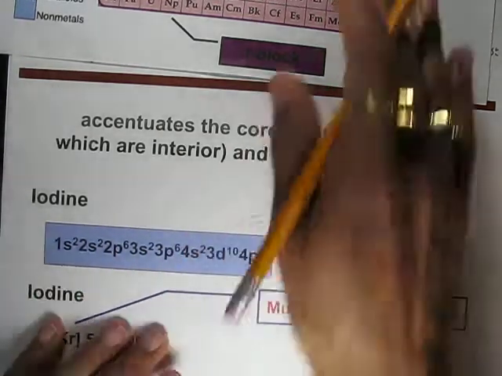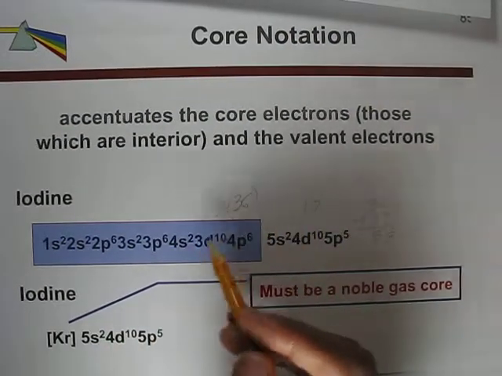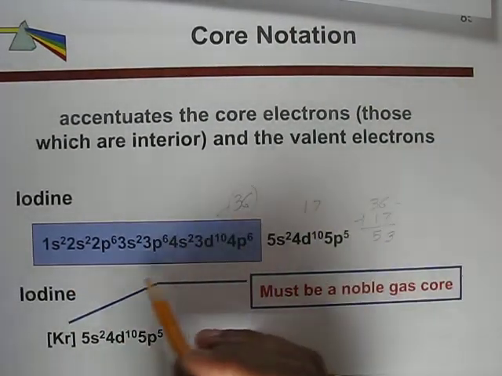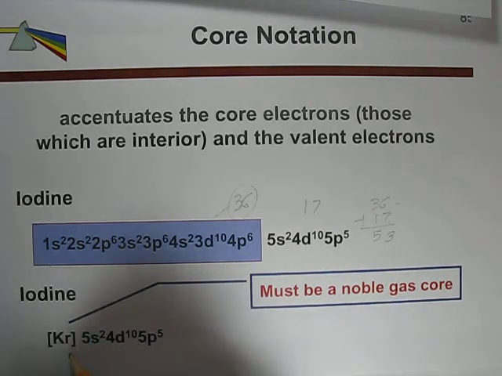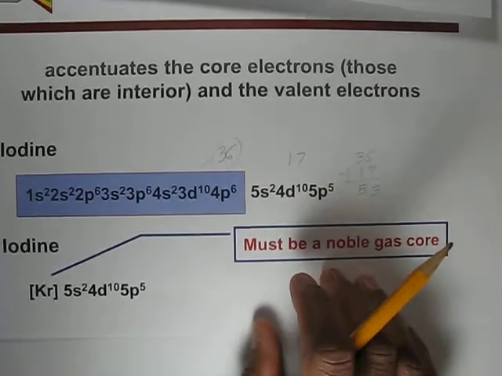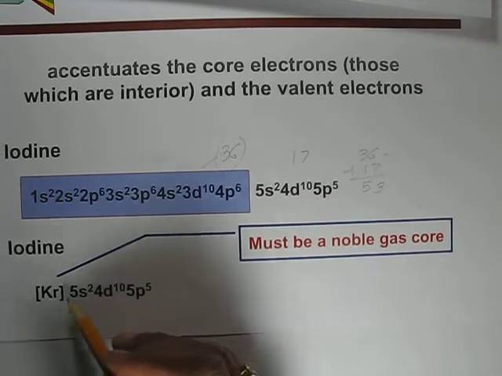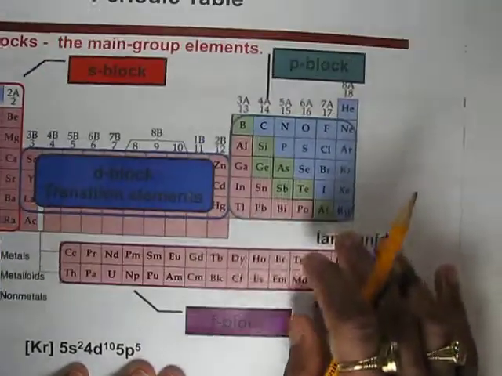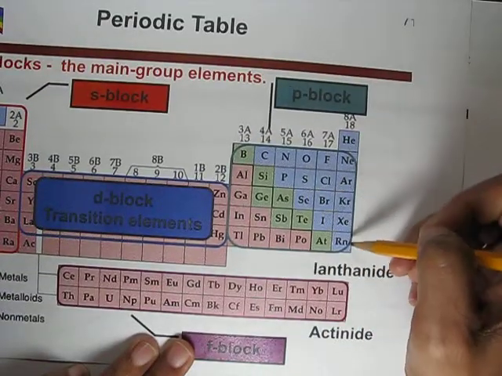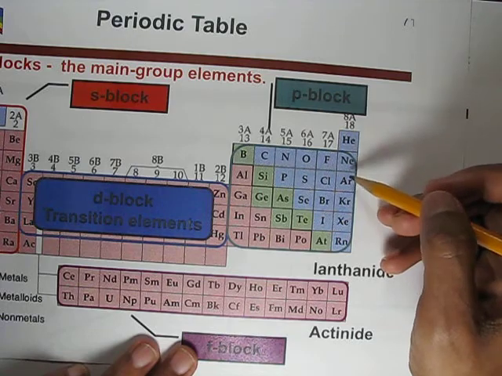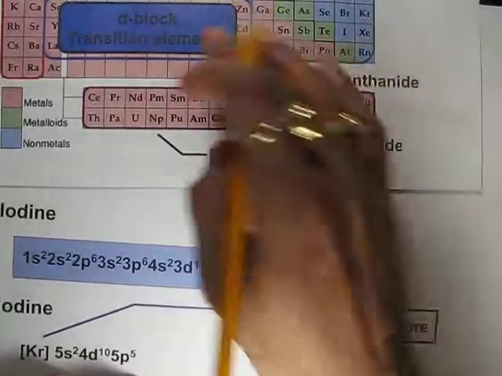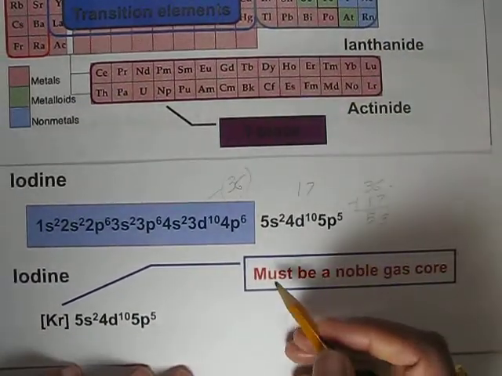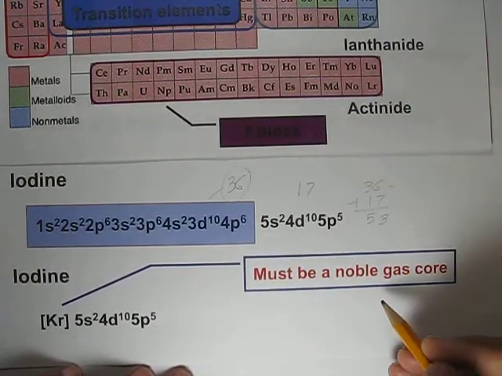This is a core notation, meaning we can summarize the whole electronic configuration in the form of a stable gas. So you can write it as a core notation, and then the remaining electrons. In core notation we can write only noble gases, either helium, neon, argon, krypton, xenon, radon. That's it. You cannot write any other elements. So it must be a noble gas as the core.